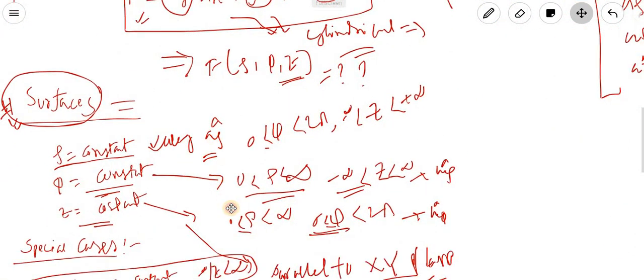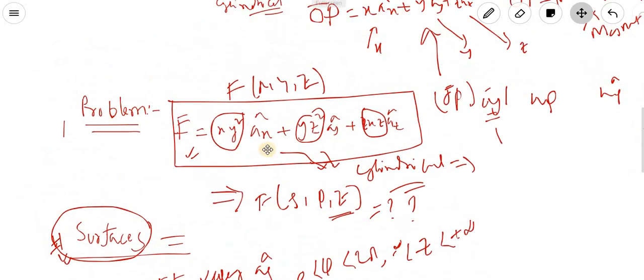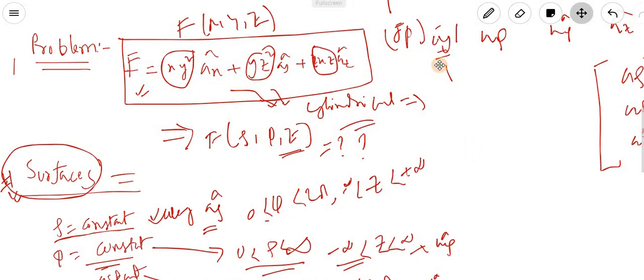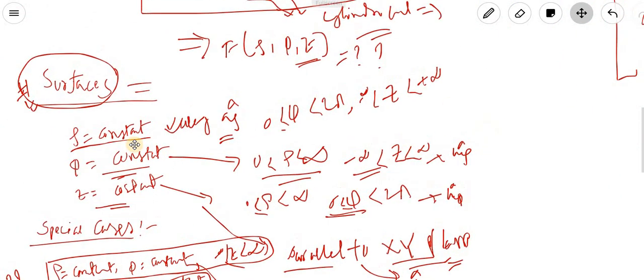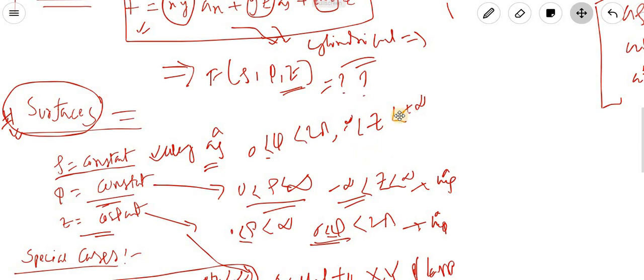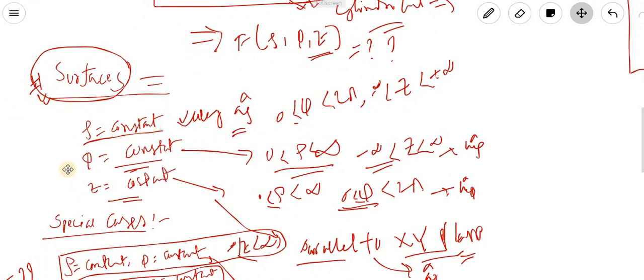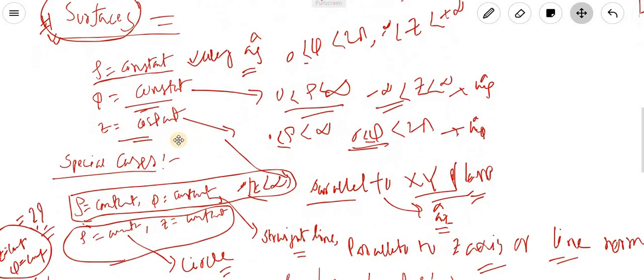I have given one task for this problem: you can convert it into cylindrical coordinates. And we have discussed the surfaces. These are very important things that you should understand.